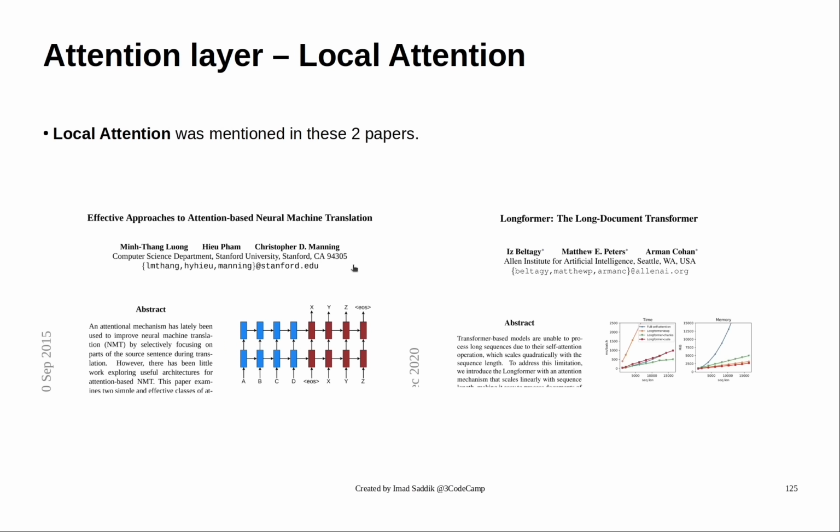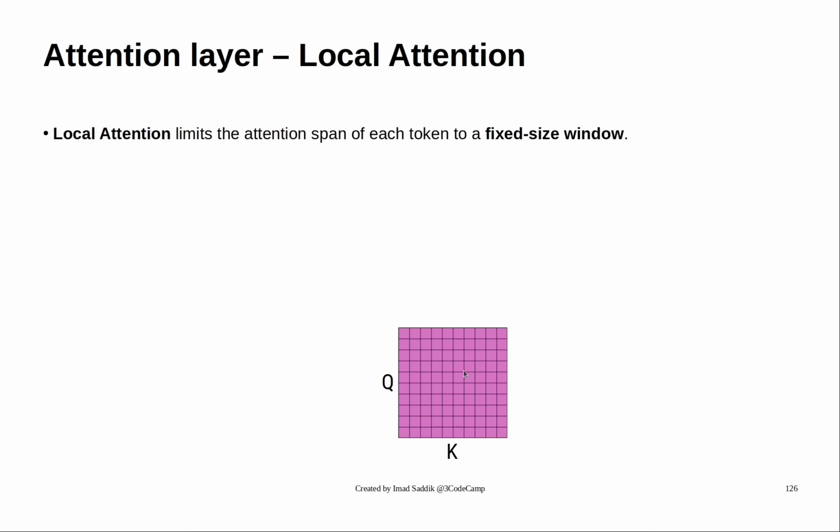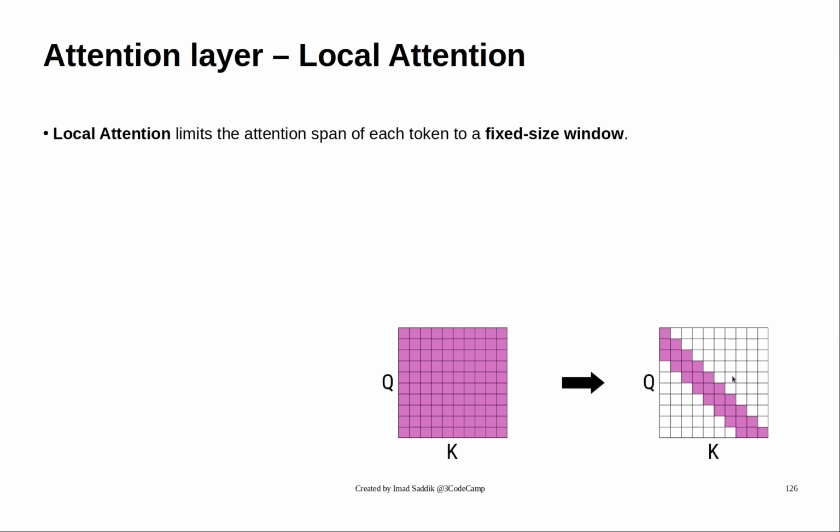Local attention is the next method that we are going to focus on. It was mentioned in these two papers, and again, you can click on them if you want to go deeper. Local attention works by limiting the attention span of each token to a fixed size window. Here is the full attention scores matrix, and this is how it looks after applying a window size of 3.